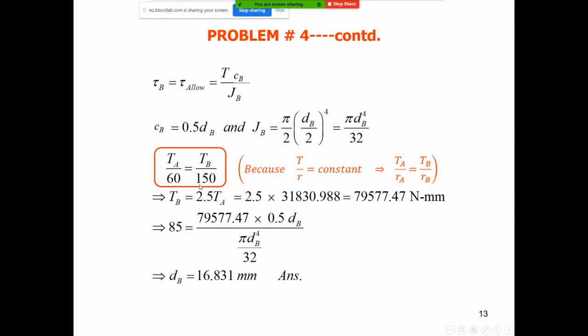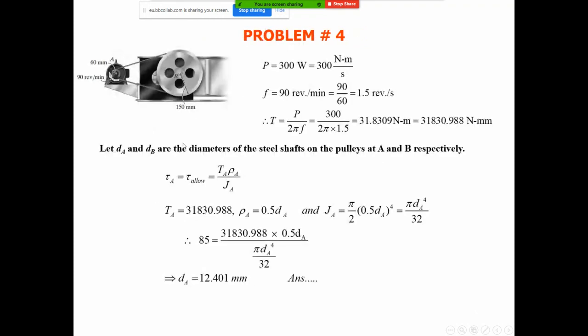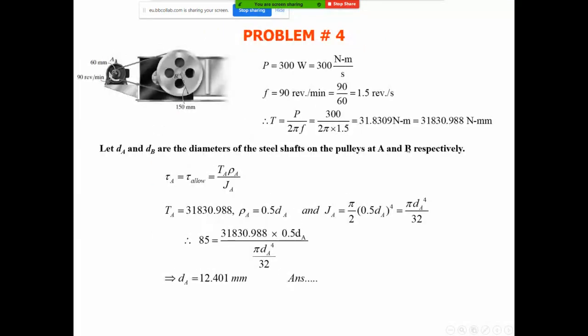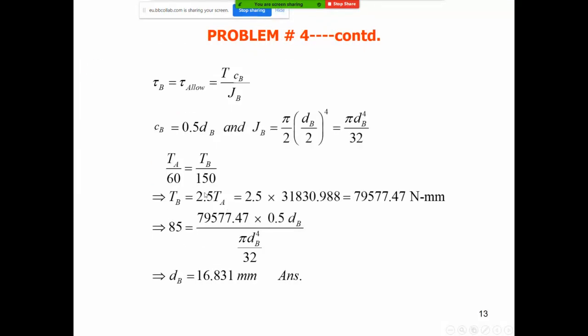The radius of the pulley at point B is 150. Therefore, I have the torque A from here, which is equal to this value. So from this value, you can get the torque B, and based on this, you can find the diameter of the shaft at point B.